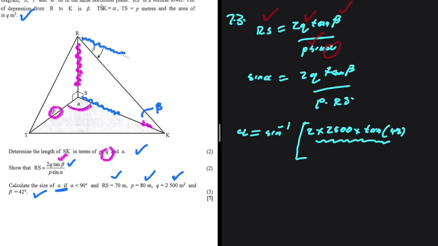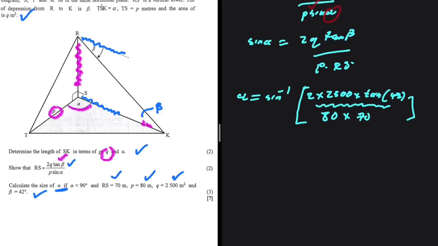P is said to be equal to 80 meters, and RS is equal to 70 meters. So it is just a matter of putting that in your calculator. And when I do that, I'm getting 53.51 degrees. So that is the size of angle alpha if alpha is less than 90 degrees.